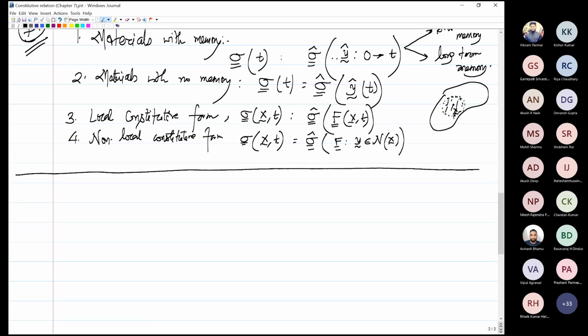So let us think of purely mechanical motion. That means there is no heat flow going on, or you can say that the temperature of the body is uniform and it is not changing with time. So that we say it's the purely mechanical motion. So I'll say here no heat flow.